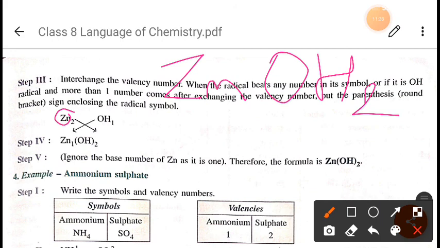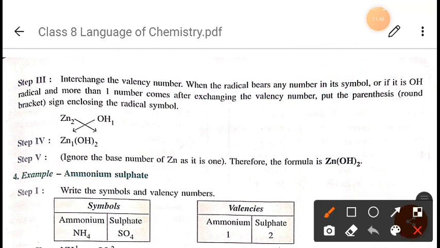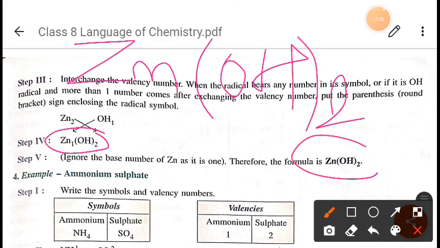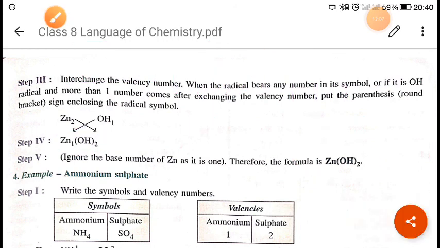When the radical bears any number in its symbol, or if the OH radical is more than 1, then we put OH in a bracket and write 2 outside. As you can see, it is written here. We ignore the subscript of Zn as 1, because Zn itself represents 1, so we write only Zn(OH)2, right?